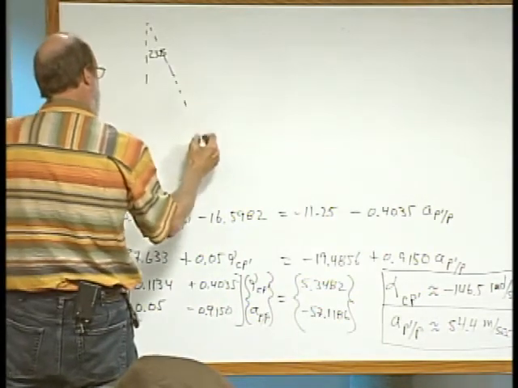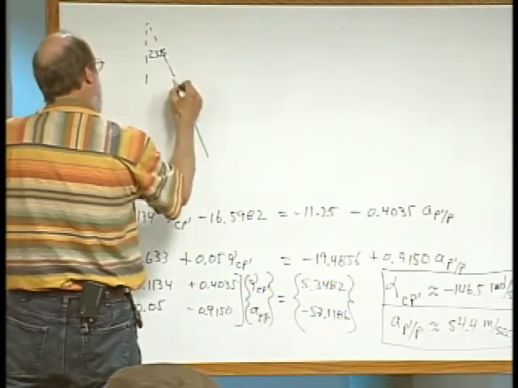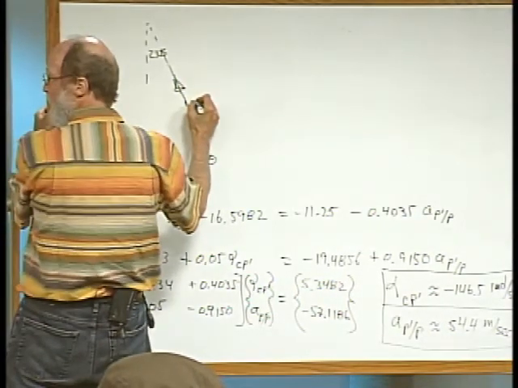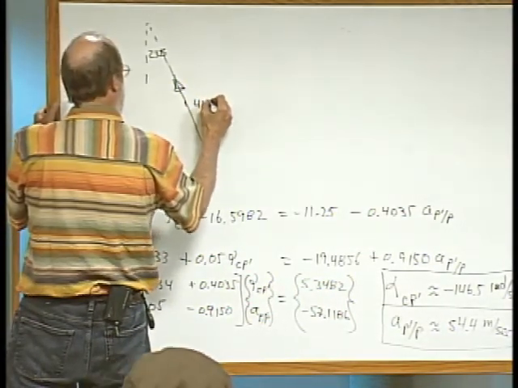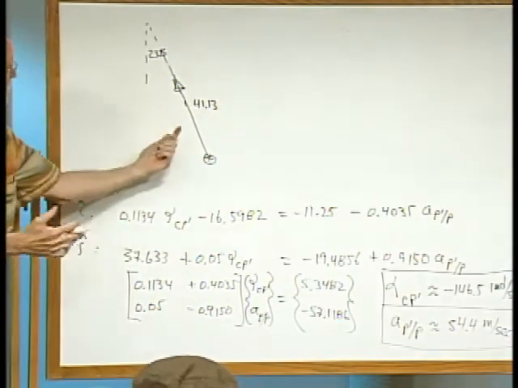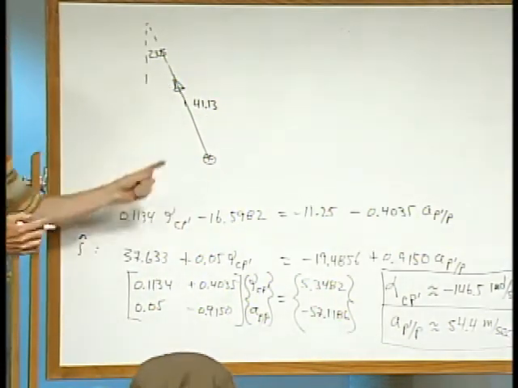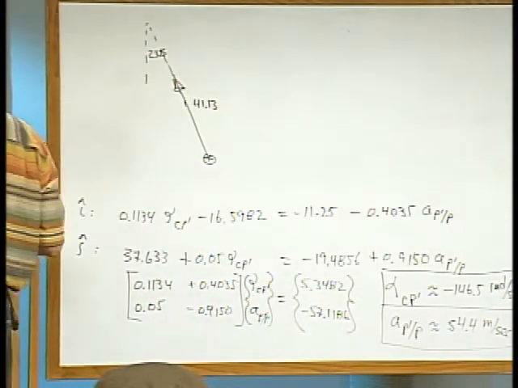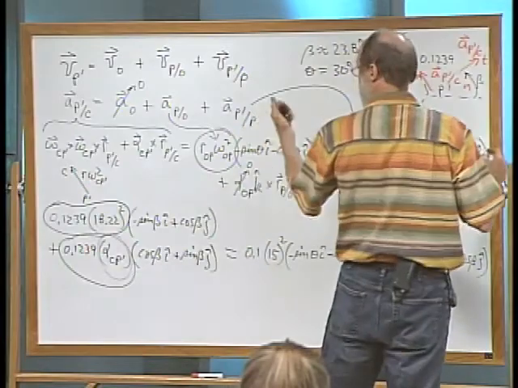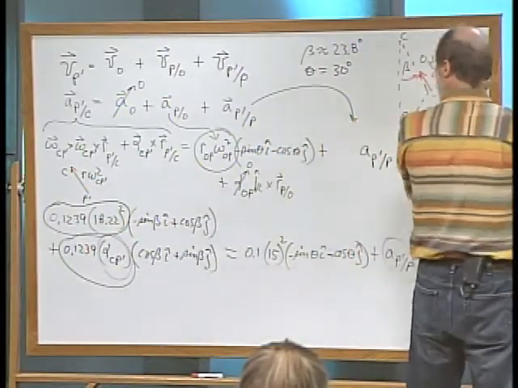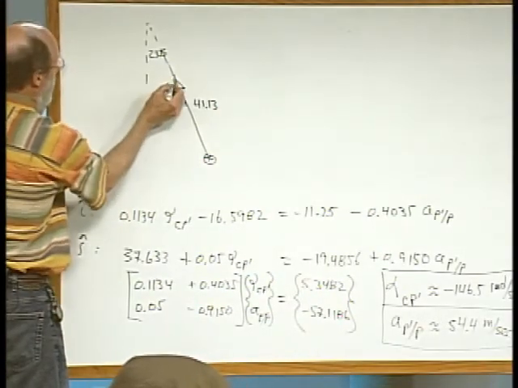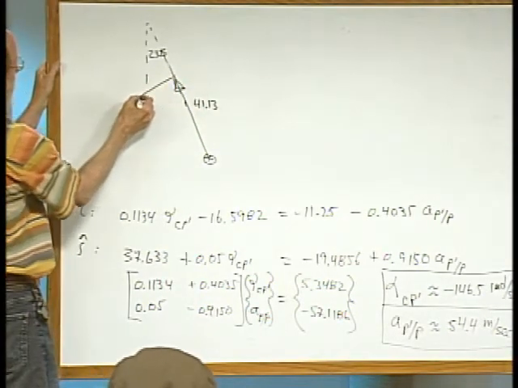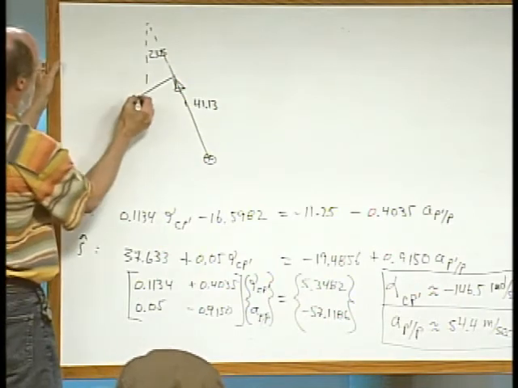So we have to draw a vector of length 41.13 back up that way. Then orthogonal to it is a vector that points down and to the left with an 18.15. 18.15 is a little less than half of this length. That look about right?